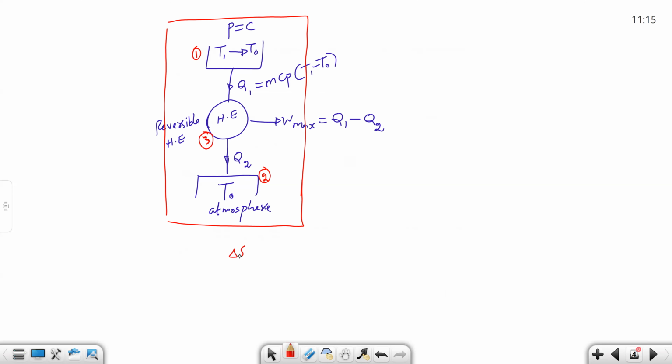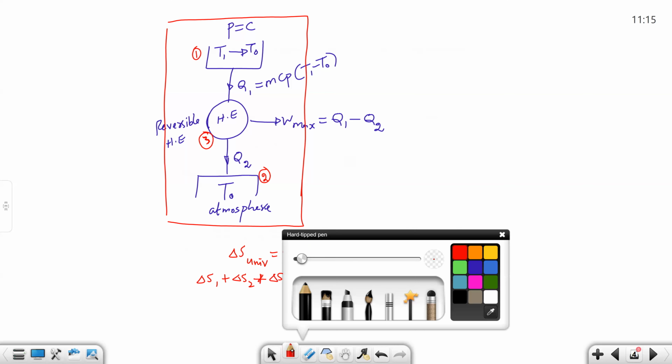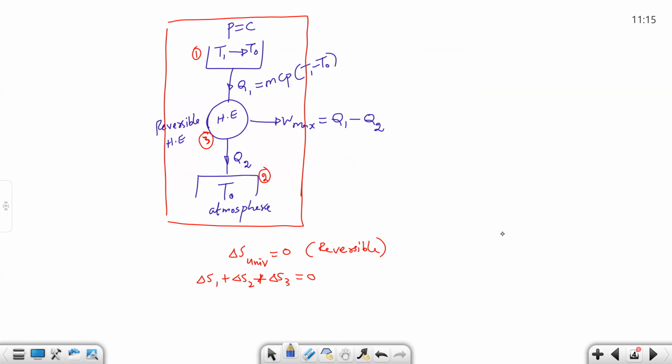The entropy change of the universe is equal to 0 for reversible. Because the heat engine is reversible, everything is reversible inside. All the systems are operating reversibly. So the entropy change for 1 plus the entropy change for 2 plus the entropy change for 3 equals 0. The entropy change for 3 is 0 because it is a cycle.